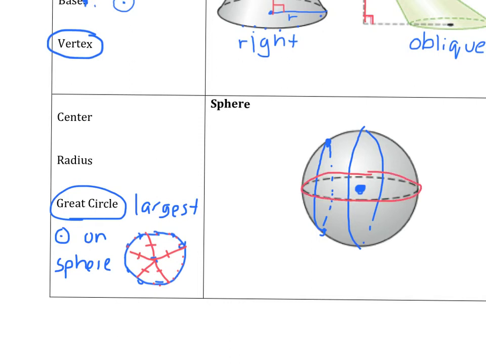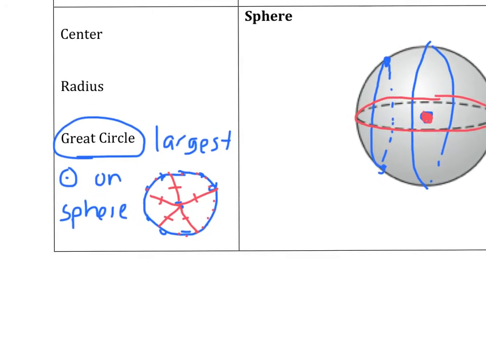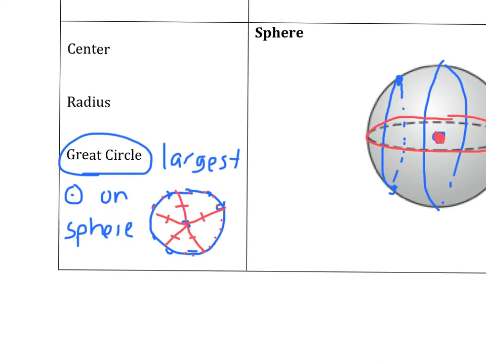So the key thing is, notice the great circles all have the center as their center. So great circles and spheres have the same center. The largest circle on the sphere, and it has the same center as the sphere.